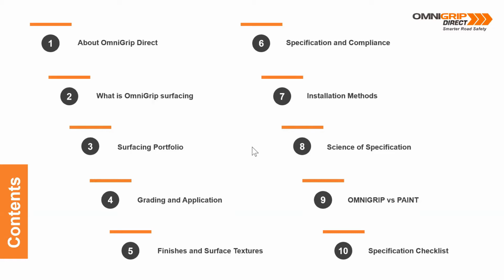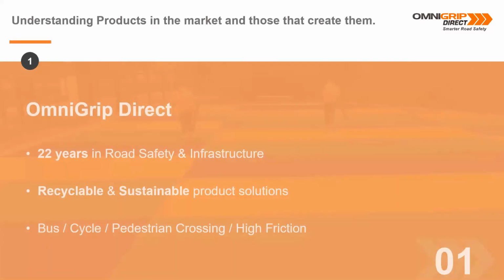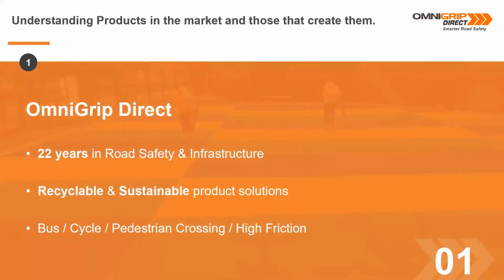Dave, if you can give us the next slide, and we'll get into what OmniGrip Direct is. OmniGrip Direct, or OGD, is an Australian-owned and operated civil contracting group specialising in innovative safety surface treatment technology. We are a division of the SmarterLight group of companies, which also include Vivacity.